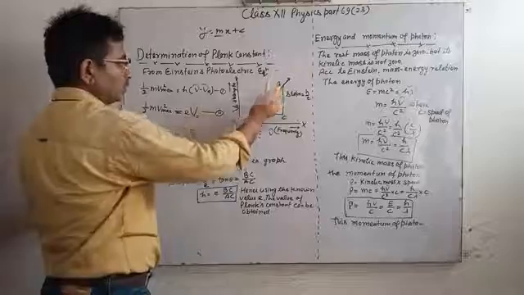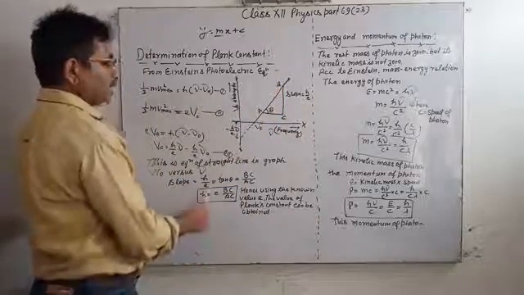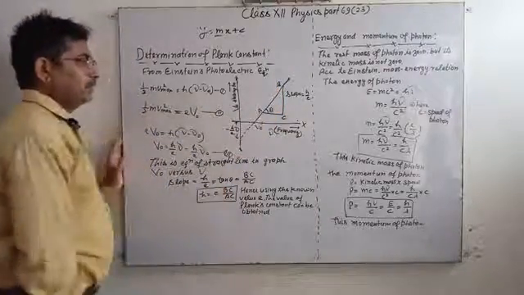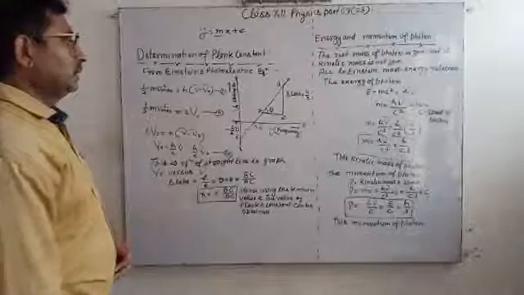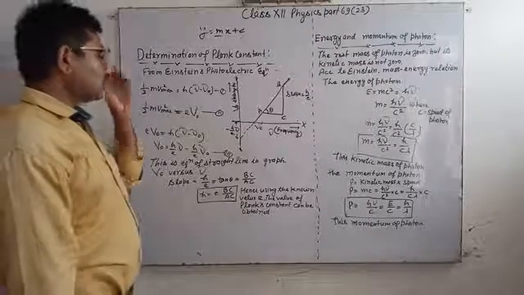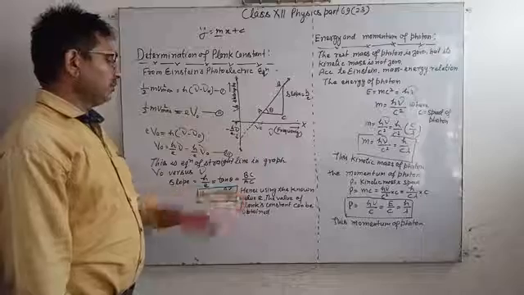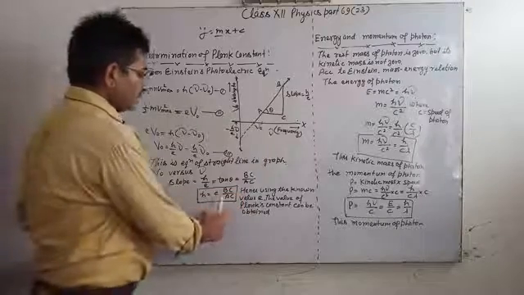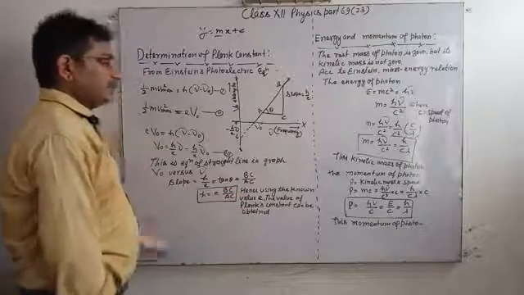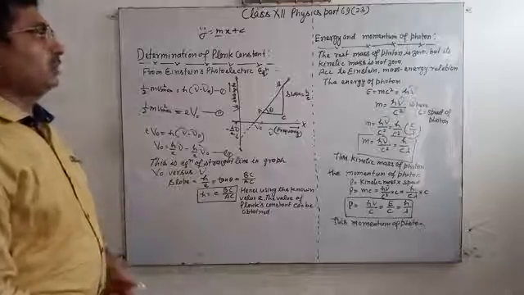By knowing the slope from the graph and keeping the value of the electronic charge e, the value of Planck constant h can be obtained.